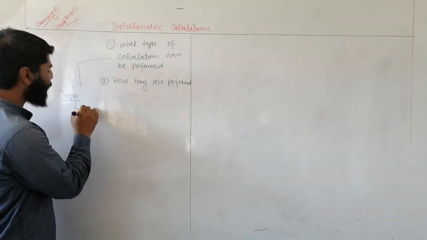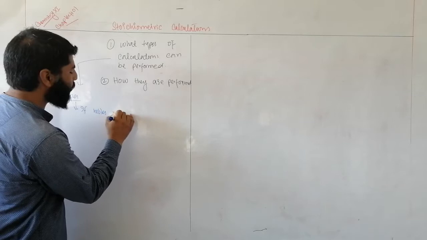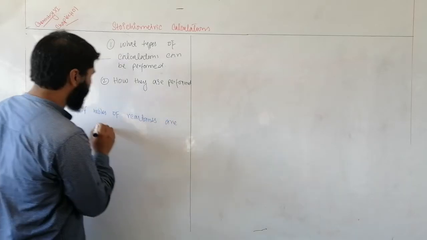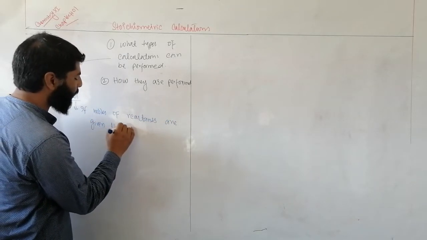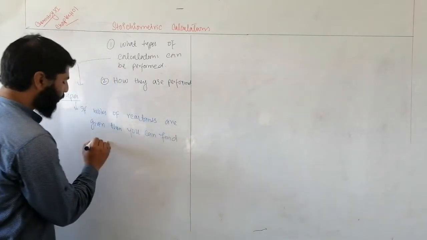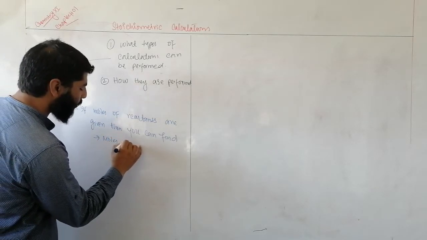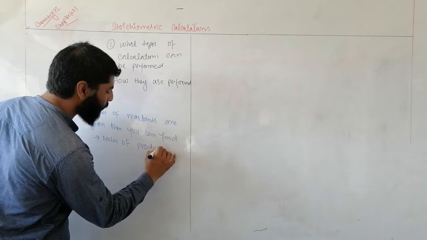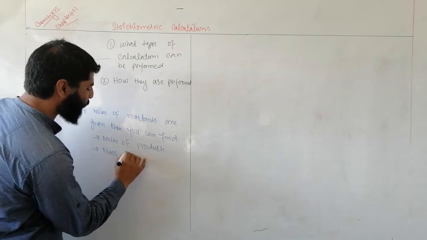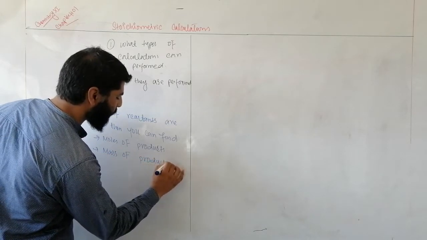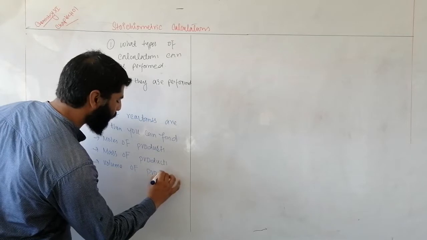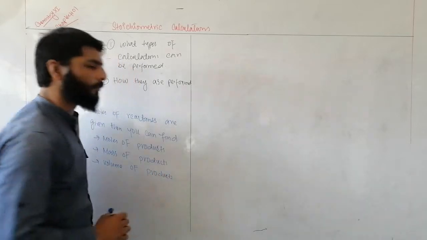Number one, if moles of reactants are given, then you can find moles of products, mass of products, volume of products.